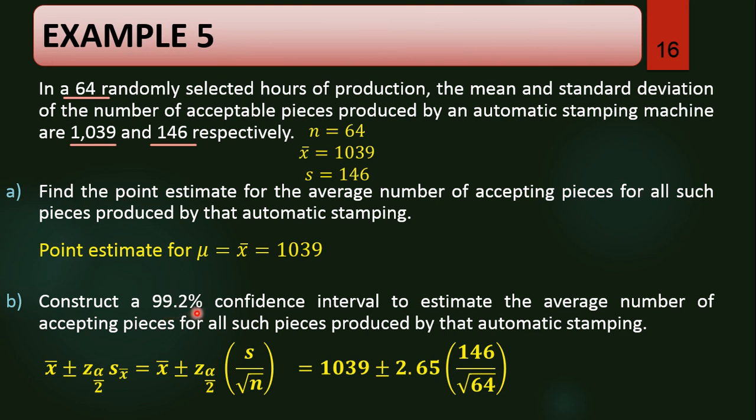So referring to your Z table, check the closest value to 0.004. It will give you equal to 2.65. And then, as given, substitute the values and do a simple calculation. It will give you this interval.